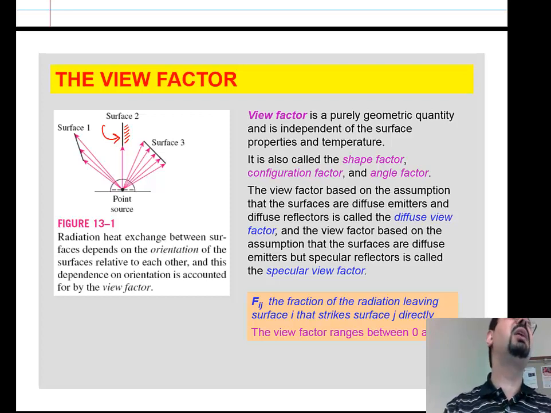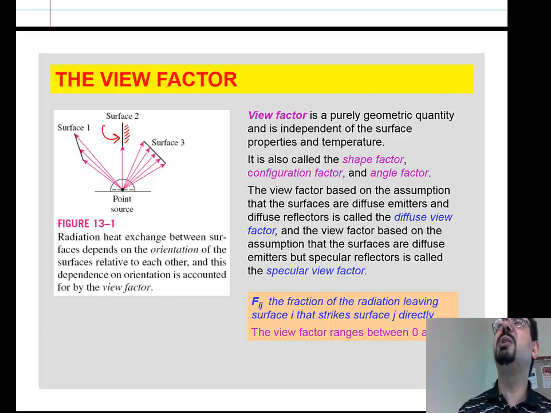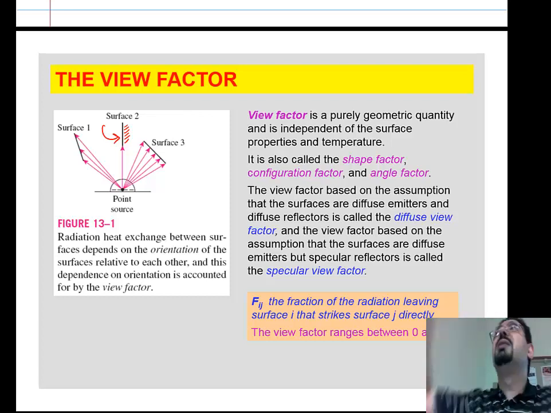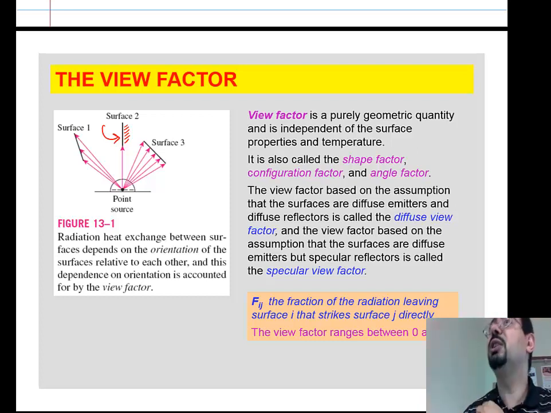Or basically, how much does this flame see? He sees the corridor and the ceiling and the floor, and I represent only 10% of his view. So I probably will get only 10% of his radiation because I only occupy 10% of his sky. If you imagine there's a sky on top of that flame, I am only 10% of it. So I will get only 10% of his radiation.